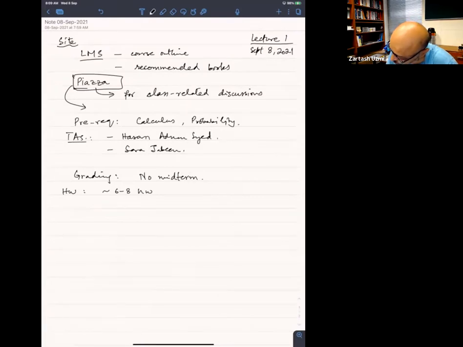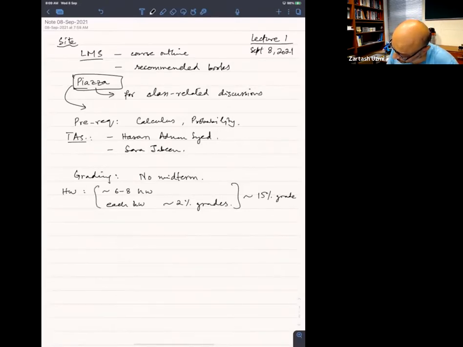So each homework has approximately 2% of the grade. So approximately 15% of the grade is going to homeworks.